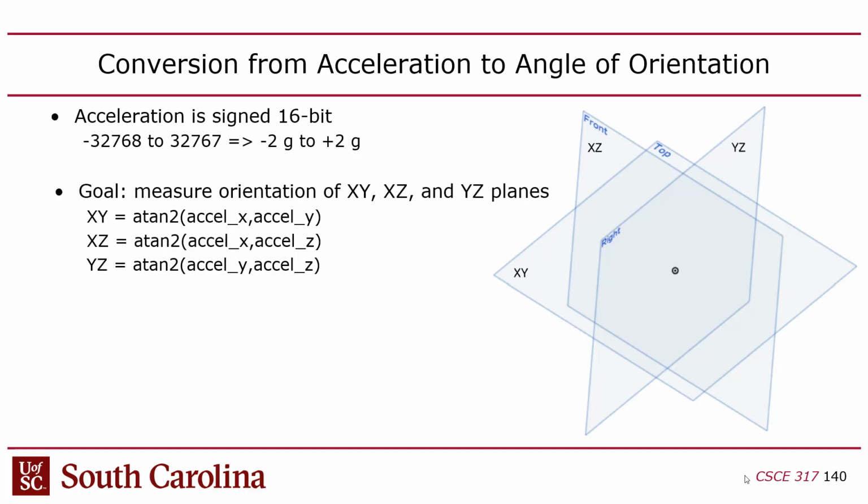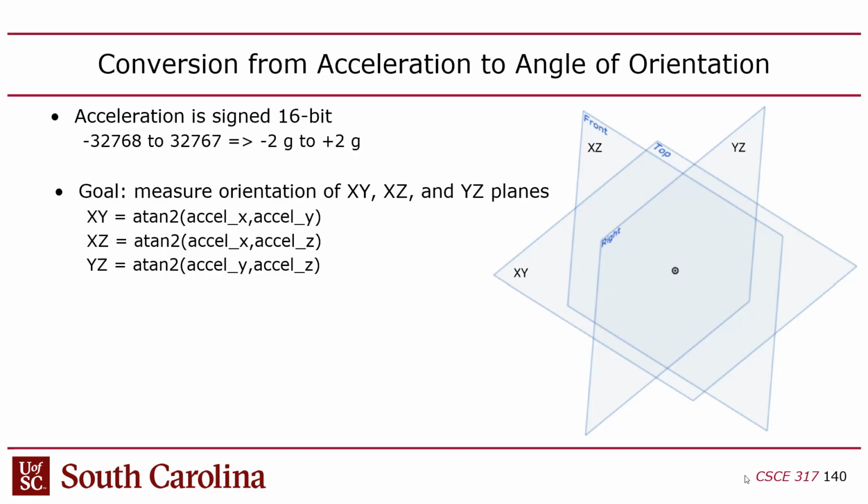That maps to negative 2G and positive 2G, but we don't really care about the absolute values of the acceleration. What we want to do is calculate the relative pull of gravity for different axes in order to calculate the tilt of each plane. So we have 3 planes: xy, xz, and yz.